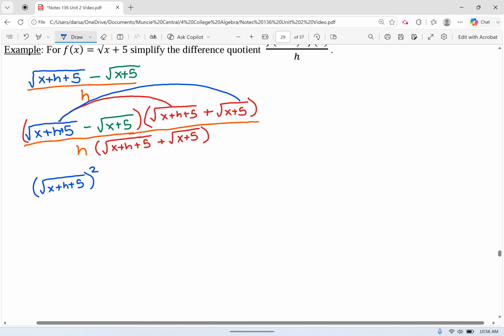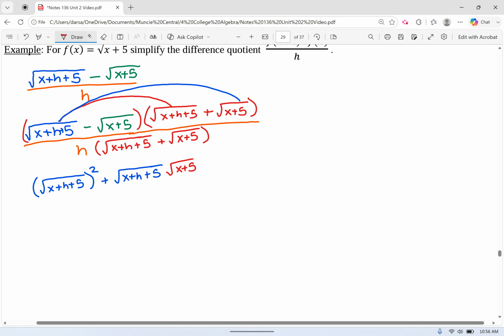And notice they're not the same. So if they're not the same, we're just going to write them exactly next to one another. So the square root of x plus h plus 5 times the square root of x plus 5. Notice we just multiplied them by writing them next to each other.